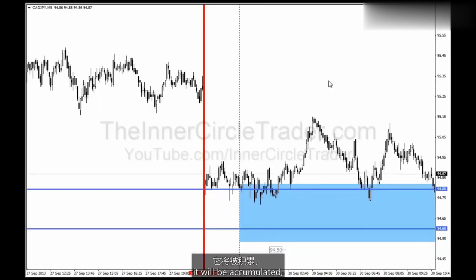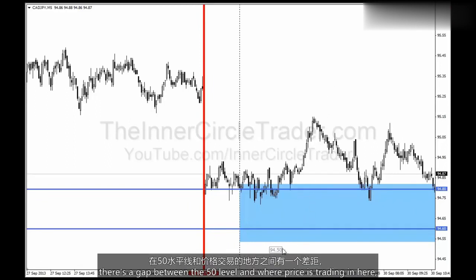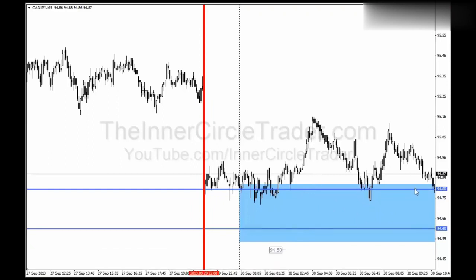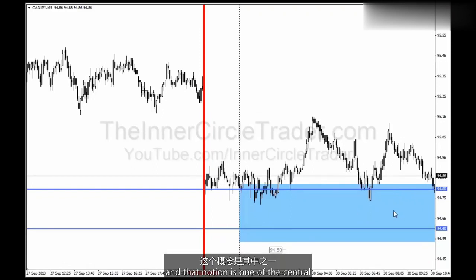In other words, it will be accumulated and then it won't go back and dip down further. That's the premise behind optimal trade entry. Well, sometimes we don't necessarily have a specific price action. In other words, there's a gap between the 50 level and where price is trading in here. Now remember, gaps don't always have to be filled, and that notion is one of the central tenets to this pattern, and this is one of the applications you can utilize it for.